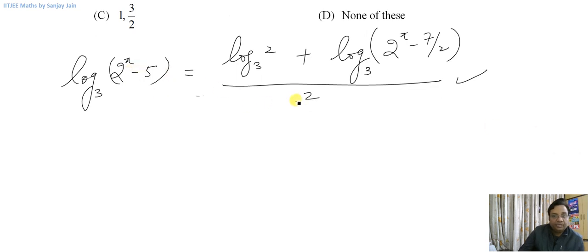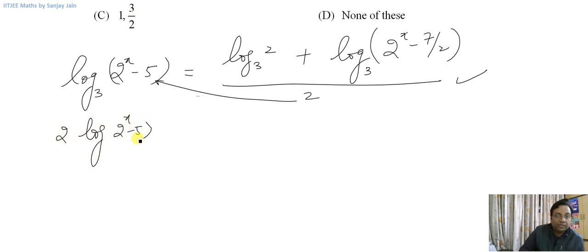Now we can multiply this 2 on the left hand side, so it will be 2 log of 2 raised to power x minus 5 base 3 is equal to, see, there is this sum, this plus sign here, and base of this and this is same.